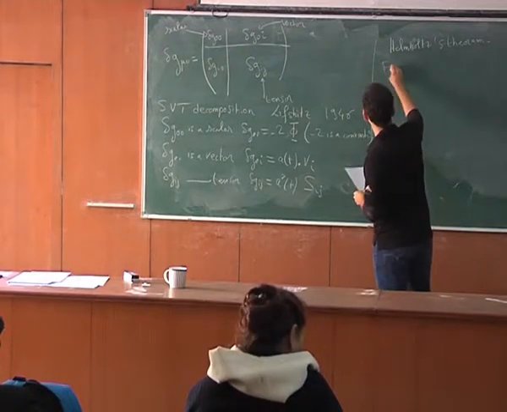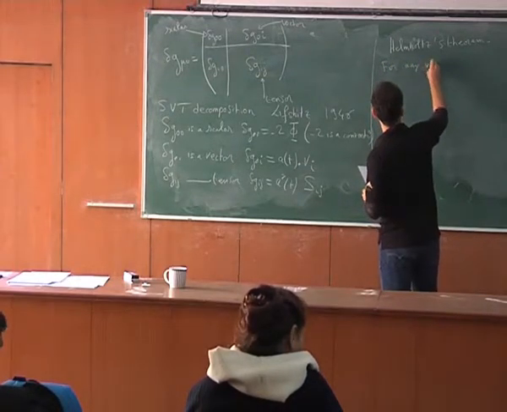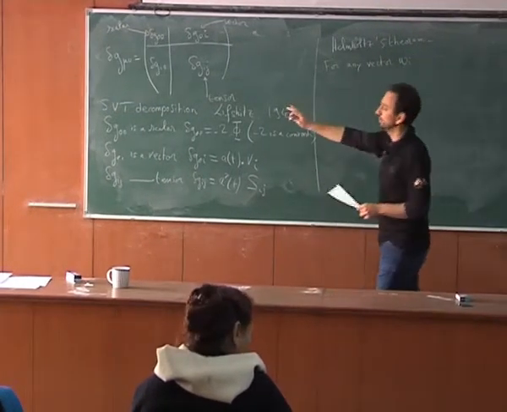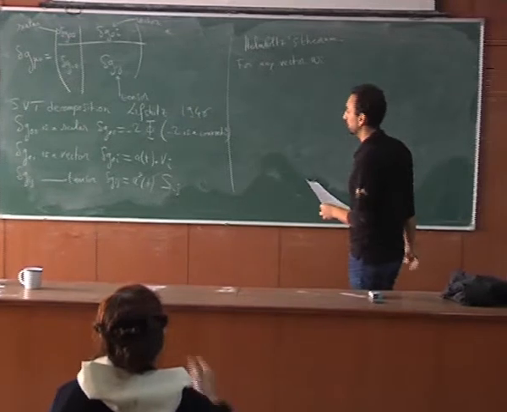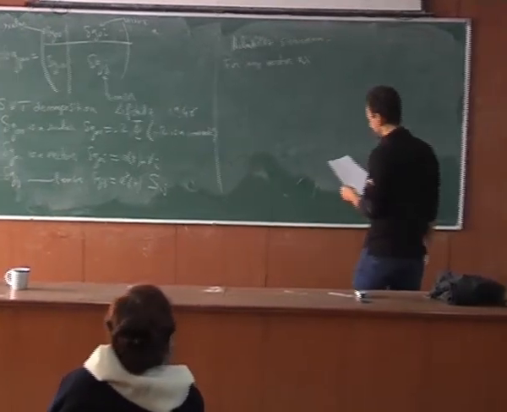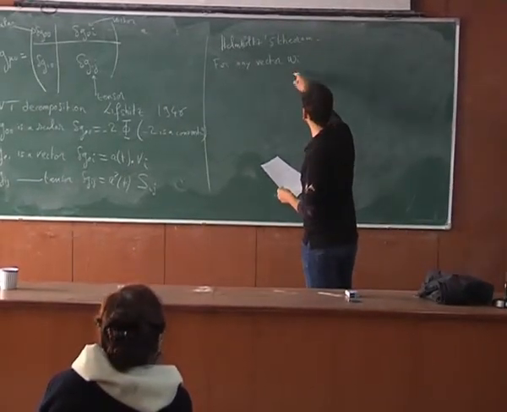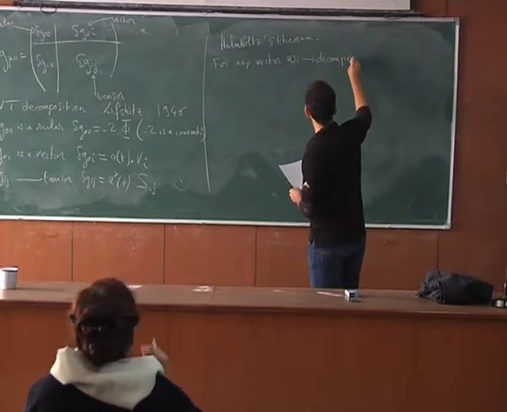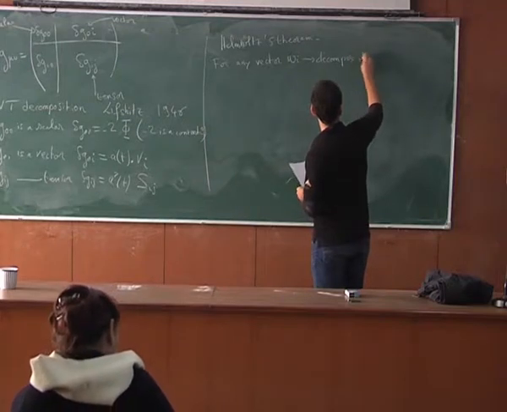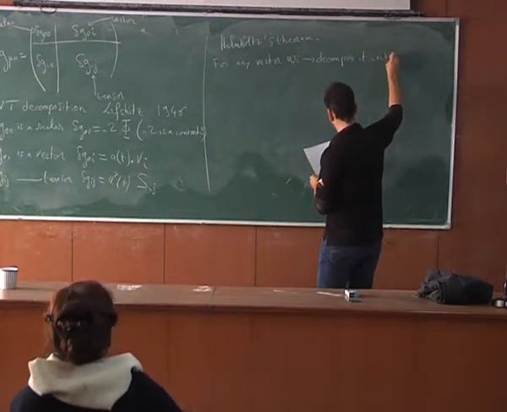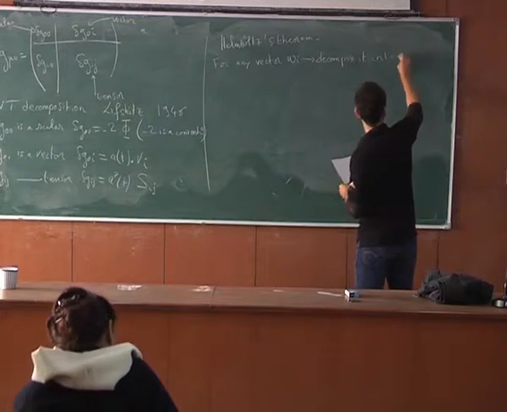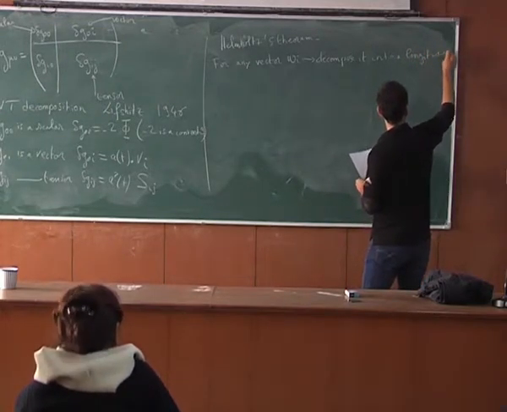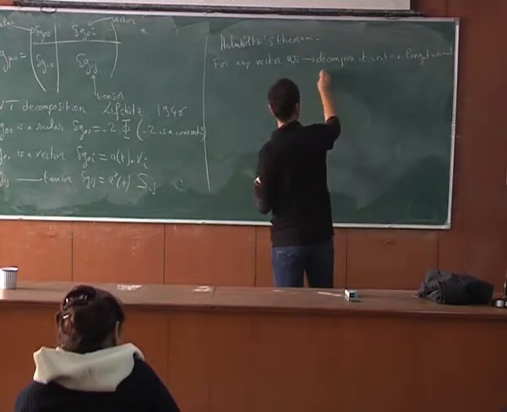For any vector, so that has nothing to do with the theory of perturbations, you can always do this decomposition. For any vector W, you can decompose it into a longitudinal and a transverse component.